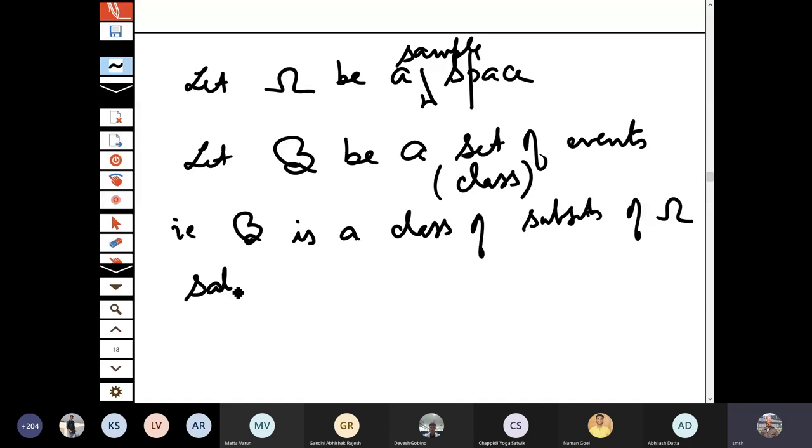So script B is a class of subsets of omega satisfying the two conditions.